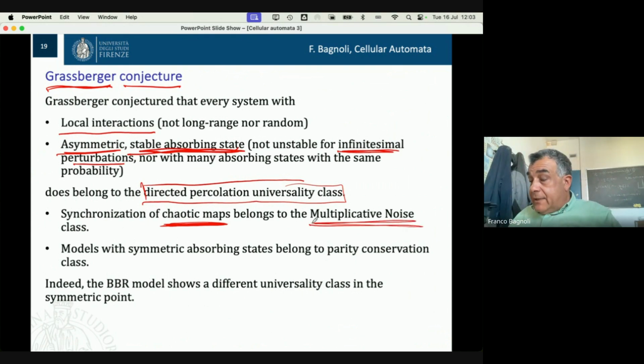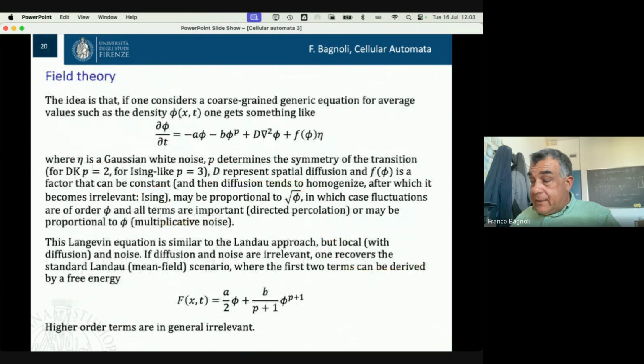Then you have another different behavior, which is called multiplicative noise. While if you have many symmetric absorbing states, you have still another universality class, which is called parity conservation.